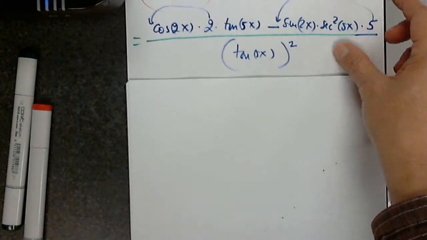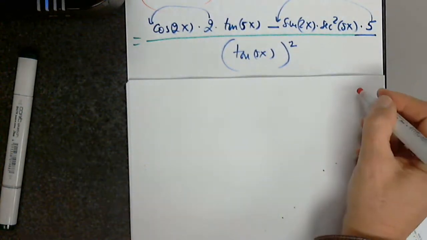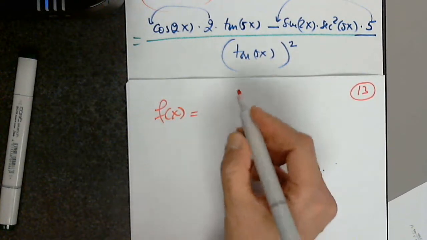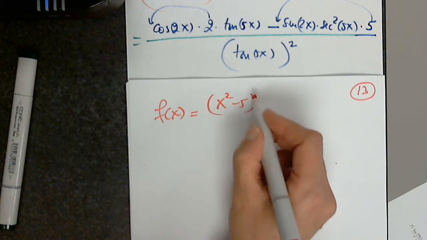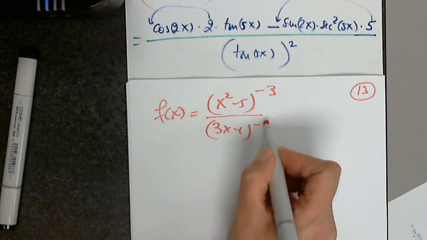Now we have to talk about the last one here, g. f of x equals x squared minus 5 raised to negative 3 over 3x minus 1 to negative 4.